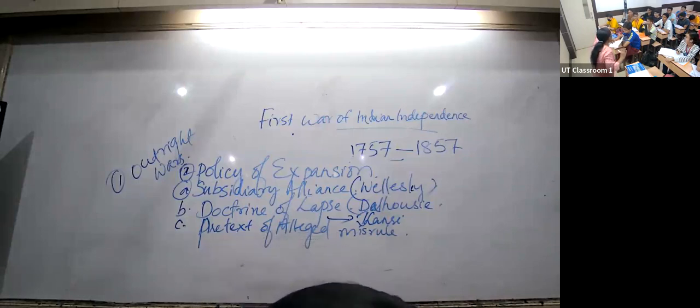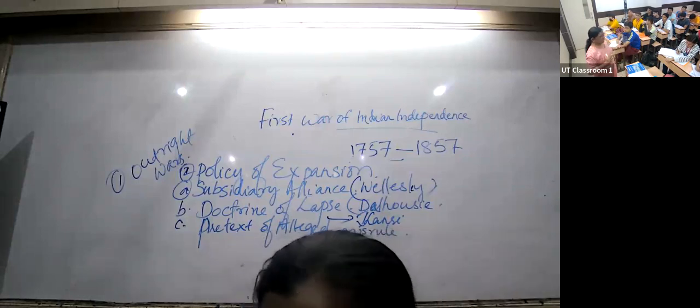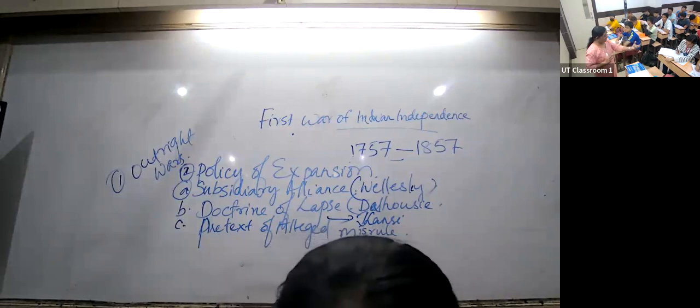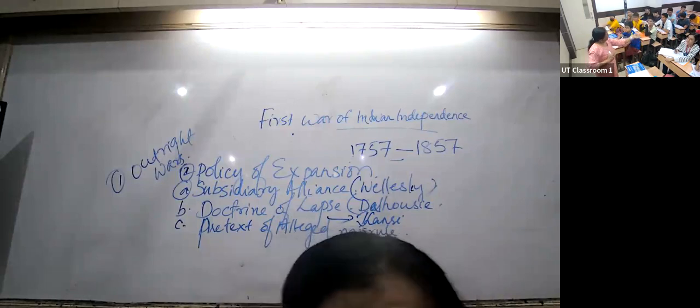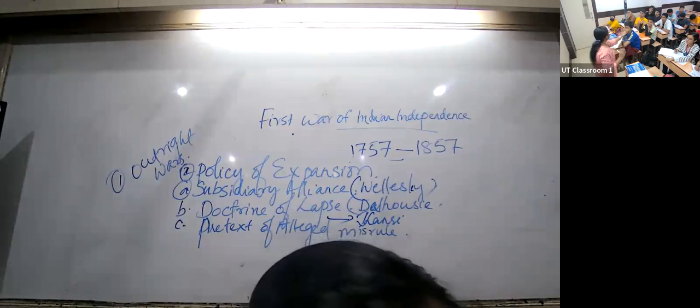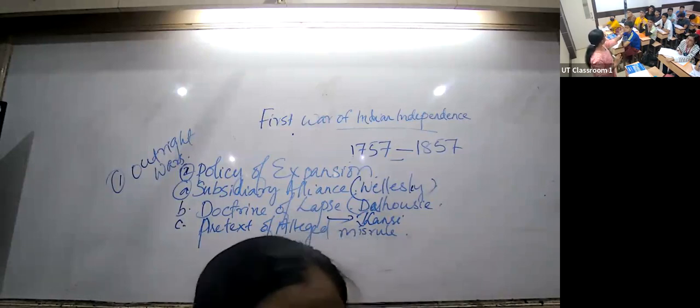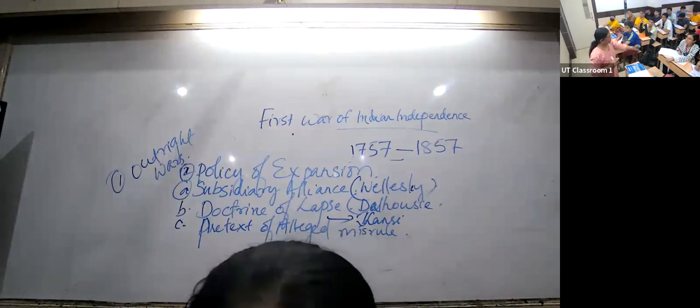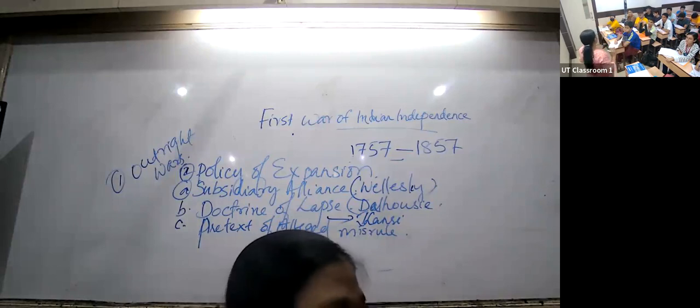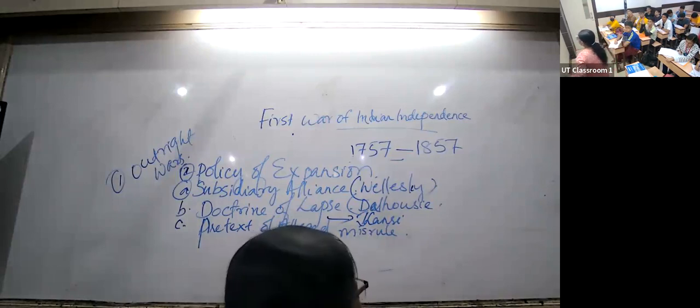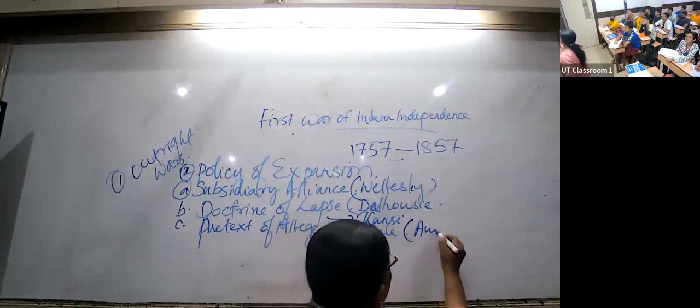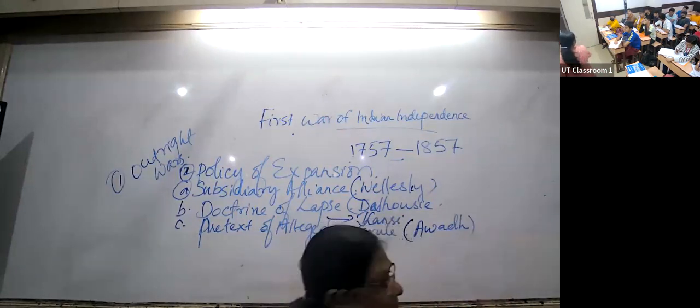This was the alleged misrule. It's not the correct thing. They alleged that the ruler was not ruling properly and took it under their control. Can you tell which was the region? Hyderabad?